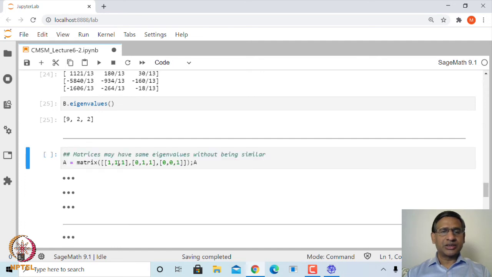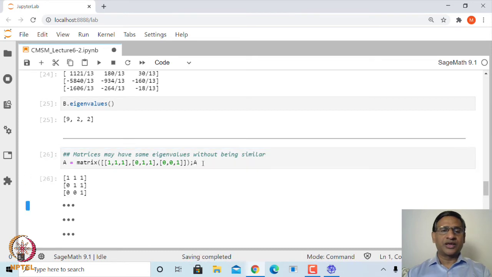Next, let us look at an example where you can have the same eigenvalues without the matrices being similar. So, similar matrices have the same eigenvalues, but is the converse true? The answer to this is no. Let us take an example. A is this matrix 1 1 0, 0 1 1, 0 0 1.